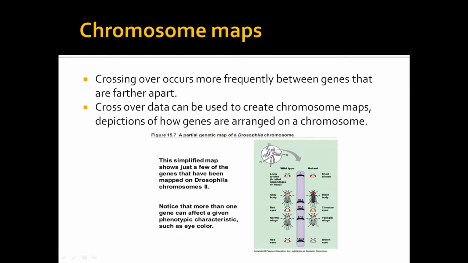Now try to imagine a chromosome with different genes, or use the picture shown here. It shows one chromosome of Drosophila melanogaster, or fruit fly, with different genes: color of the body, eye color, shape of the wings. Those genes that are closer to each other on the map show a low frequency of crossing over. Genes that are close together have a lower frequency of crossing over. Those that are further apart, crossing over occurs more frequently.